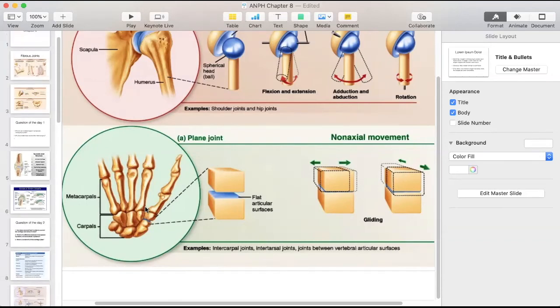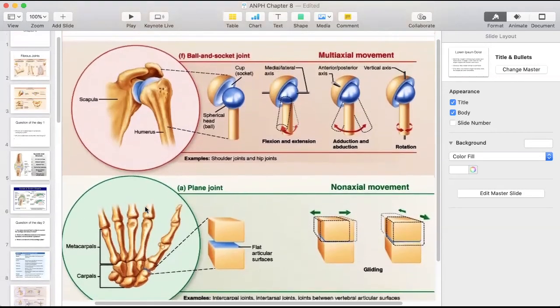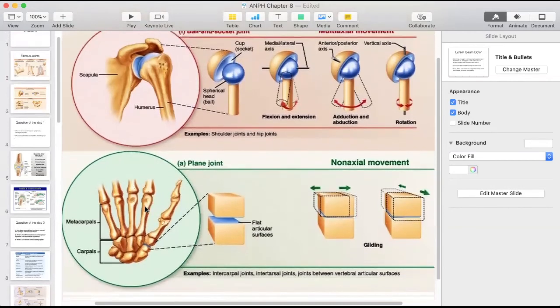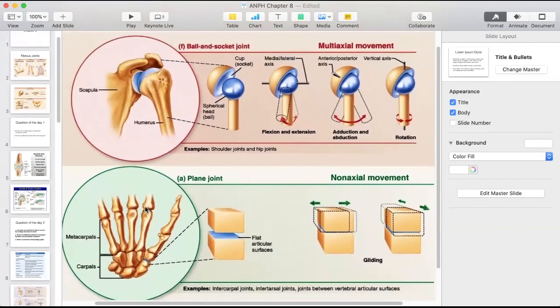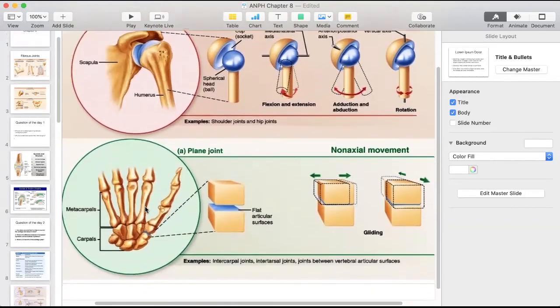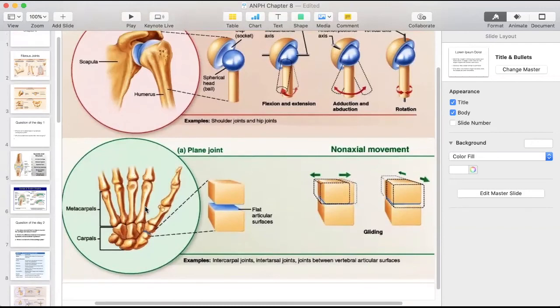So, for example, the shoulder joint and the hip joint are very stable. So it's going to be very hard to have a dislocation of the shoulder or the hip. But other joints, it's a bit easier to have a dislocation of it. For example, the phalanges.